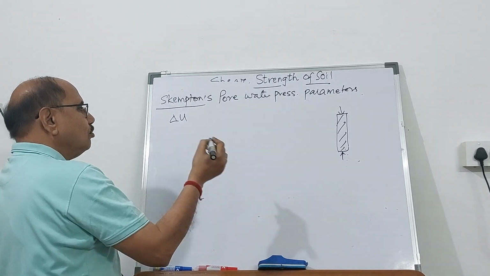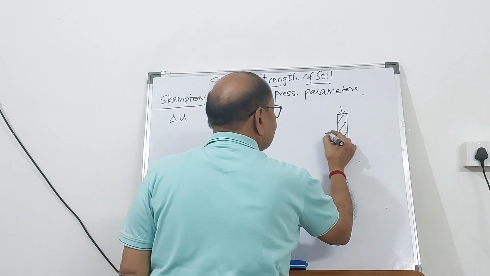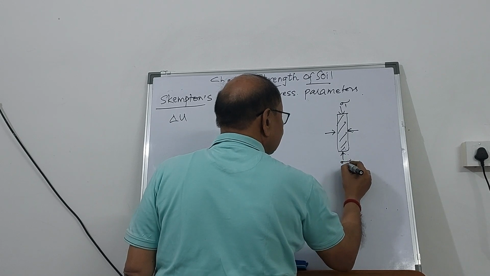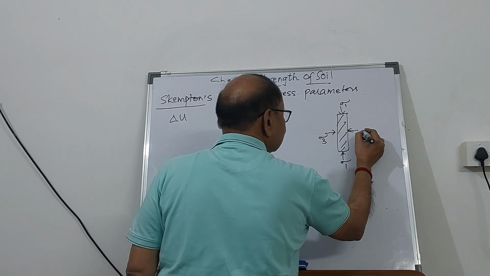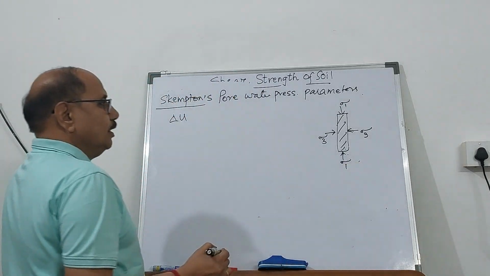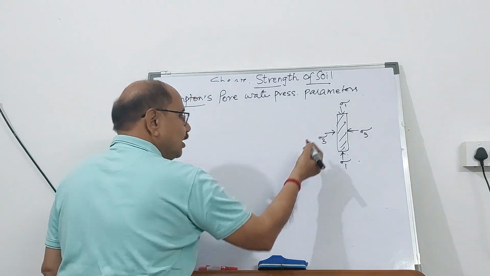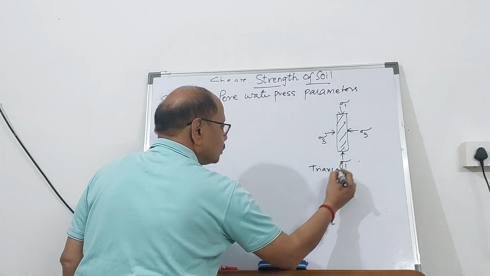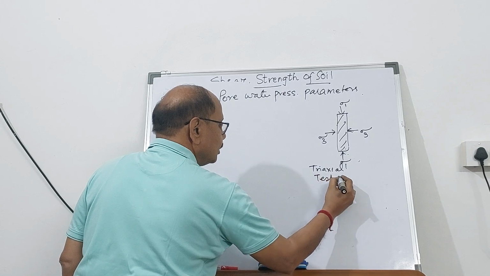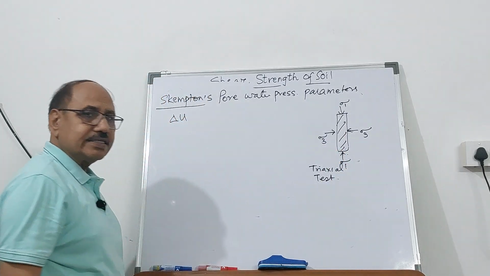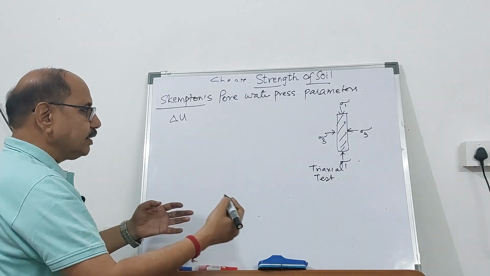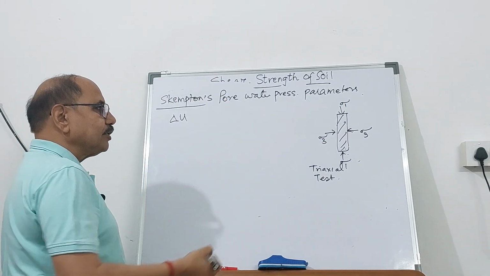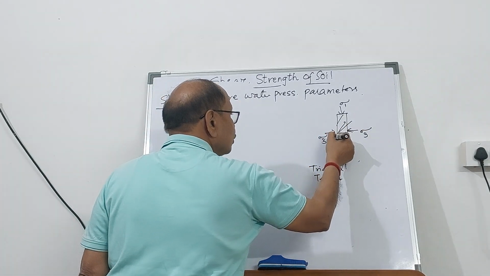So when a sample is subjected to major principal stress sigma 1 and minor principal stress sigma 3, this can be simulated by a triaxial test. In the triaxial test, you can take a cylindrical sample and apply the confining pressure or the cell pressure, and then the additional axial pressure you can apply till the sample fails.